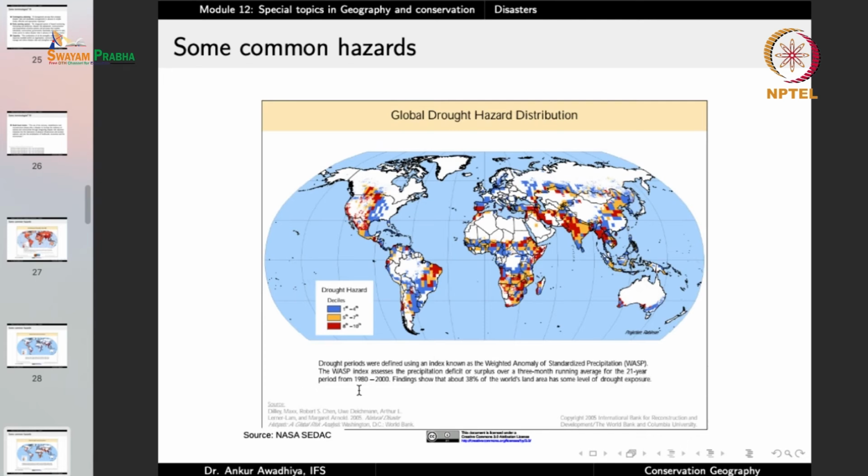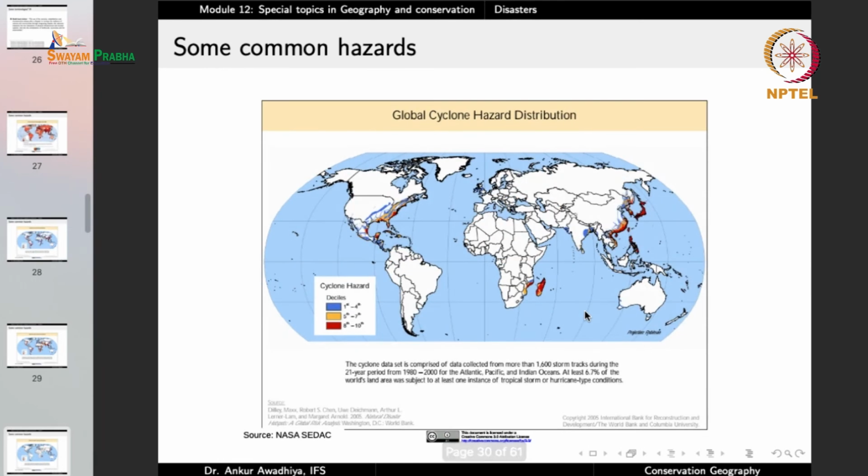So this is over a long period of time. And it shows that 38% of the world's land area has some level of drought exposure. And if you look at our country, practically every area has an appreciable level of exposure to droughts. So our country is very much drought prone.